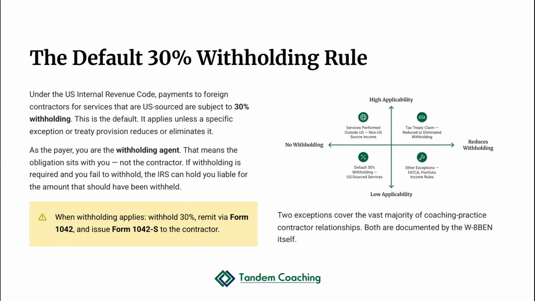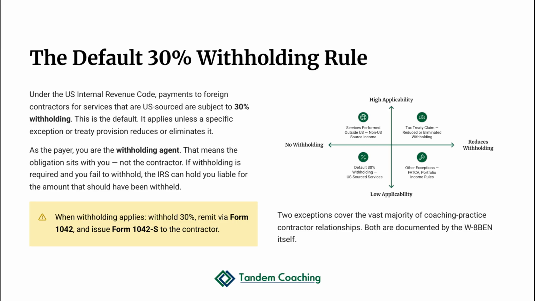The default withholding rule on payments to foreign contractors carries a 30% rate, and the two exceptions are where most coaching arrangements land. Under the Internal Revenue Code, payments to foreign contractors for services performed in the US are subject to 30% withholding. You are the withholding agent.